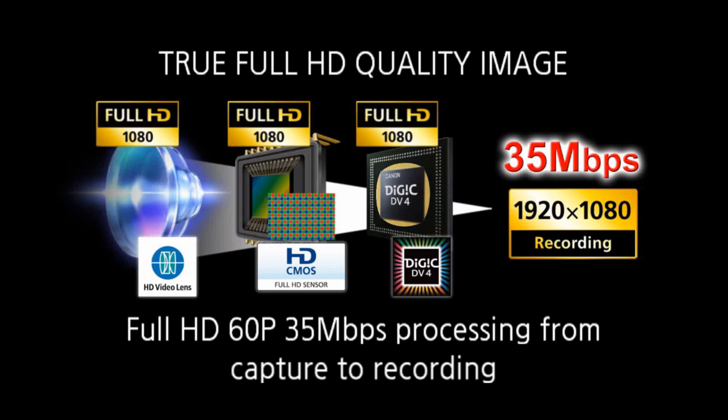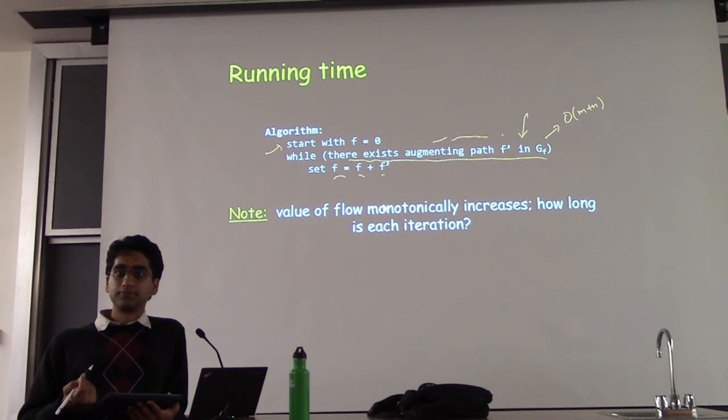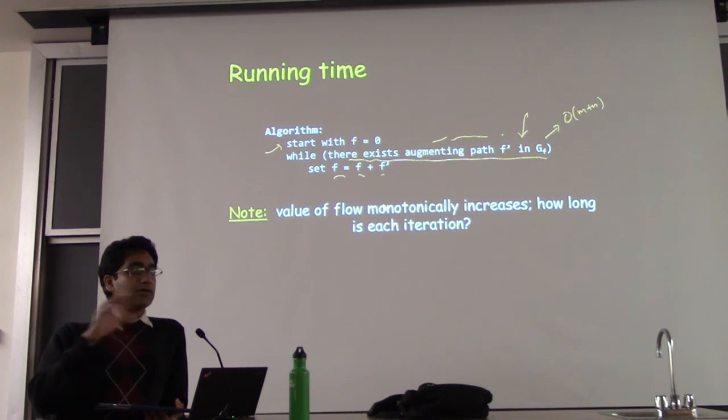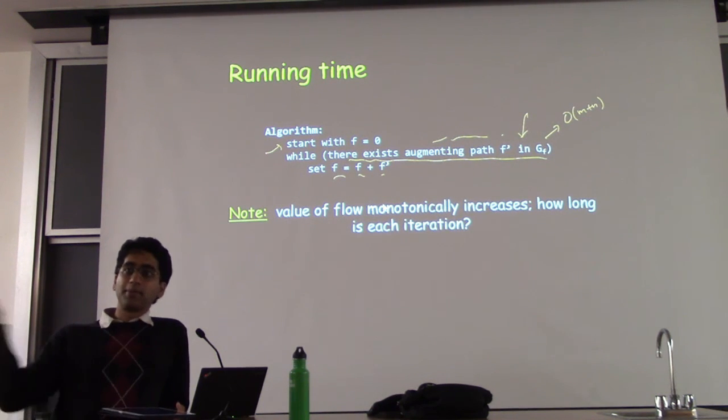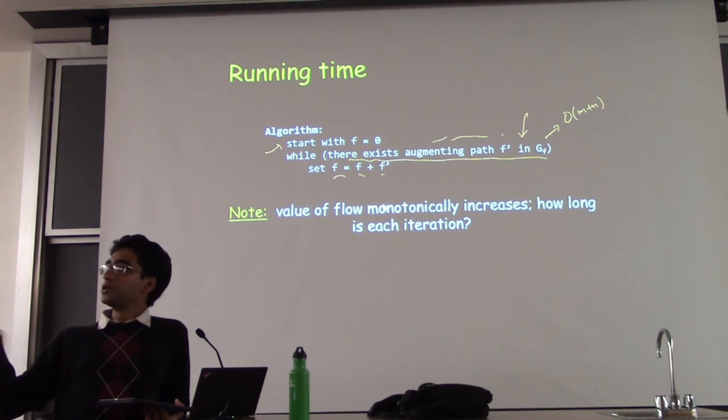And how long does it now take to see if there exists an augmenting path? An augmenting path is basically some directed path that goes from S to T. So in this new graph, you want to see if there is a path from S to T. How long does that take?